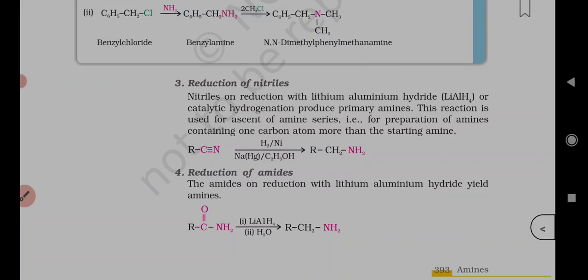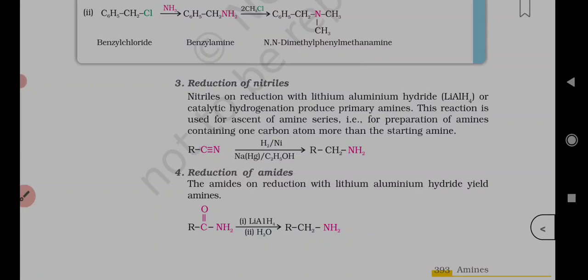Okay, the amine produced by Hoffmann degradation of benzamide. Benzamide gives aniline. Benzamide is C6H5C(=O)NH2, an aromatic amide containing 7 carbon atoms.